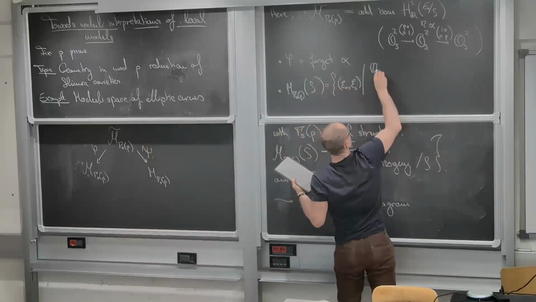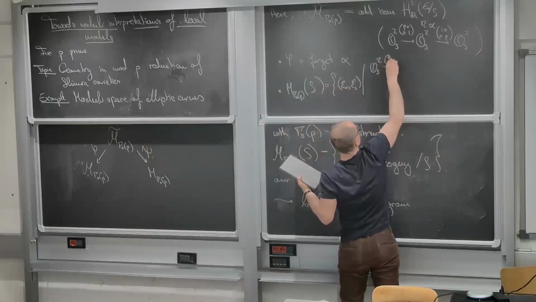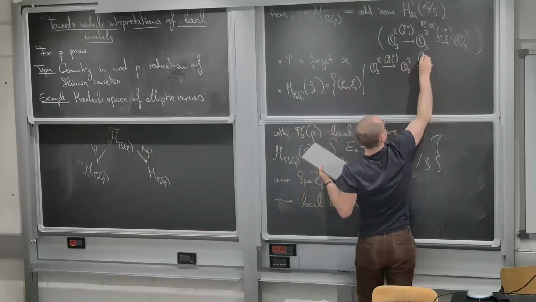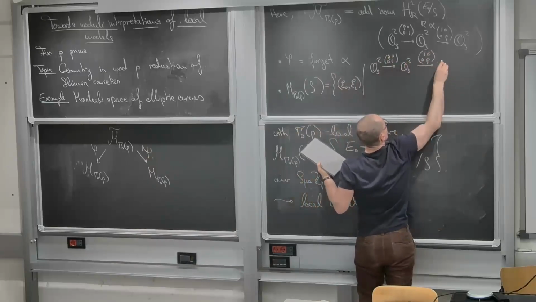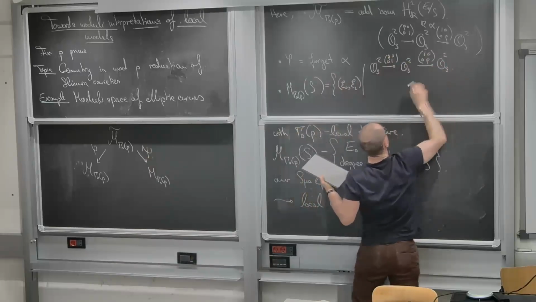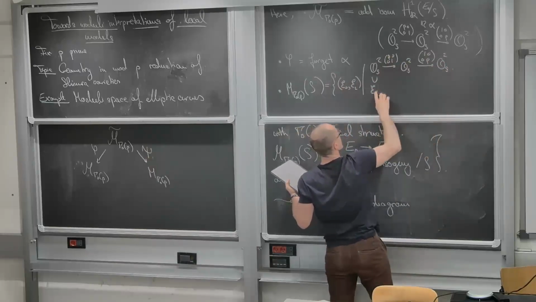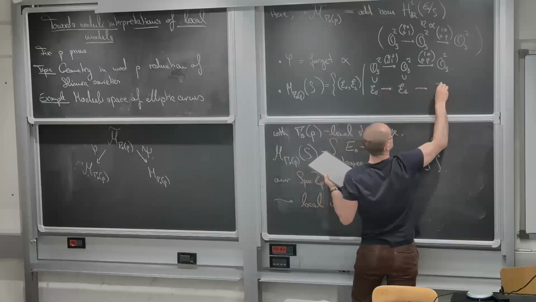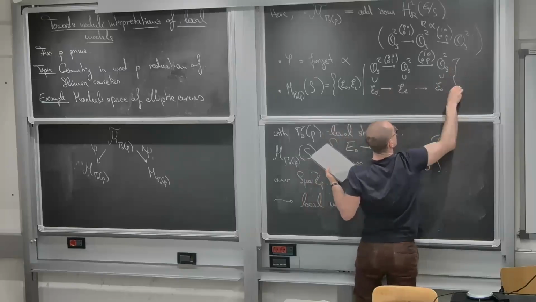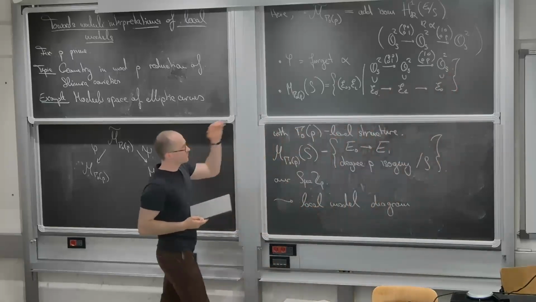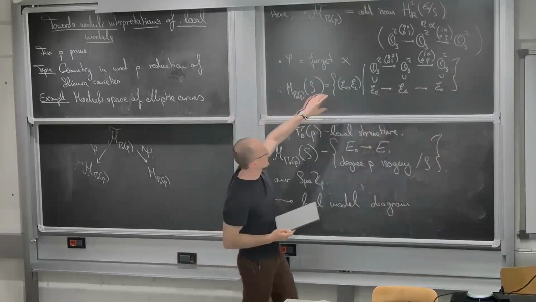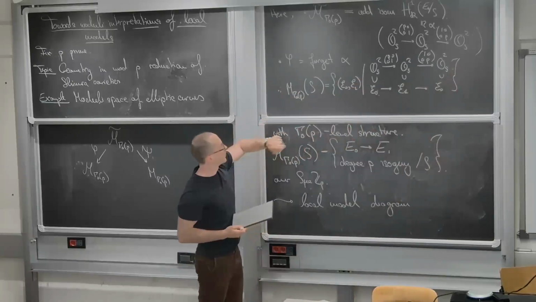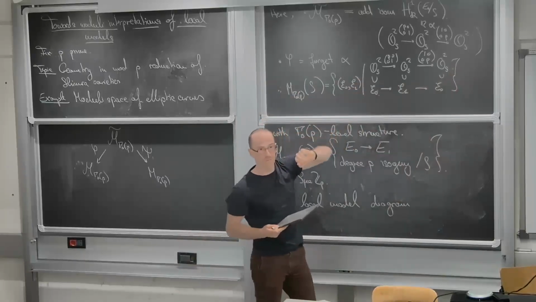Then again, you have the chain from upstairs, like so. And E0 and E1 are locally direct summands of rank 1 inside there, subject to the condition that these diagrams commute.